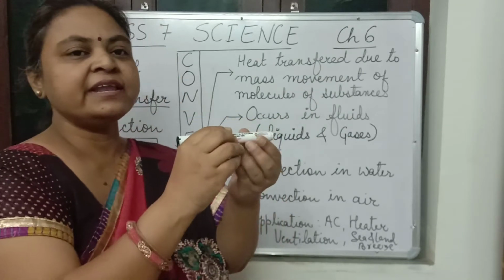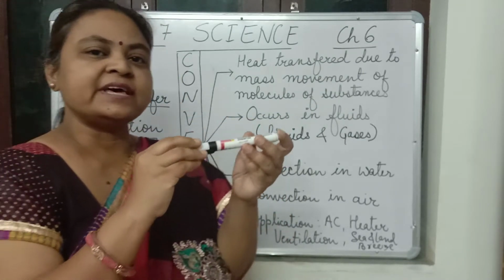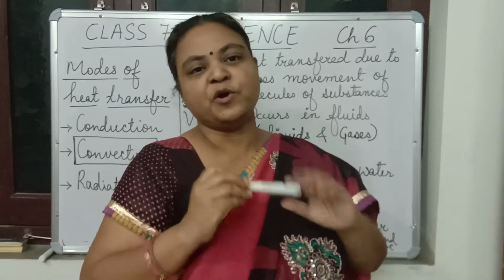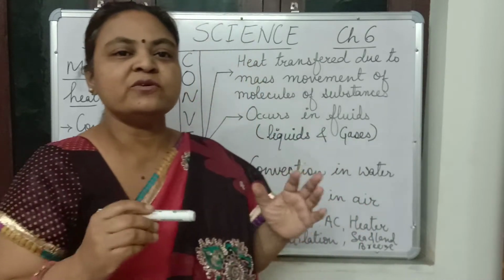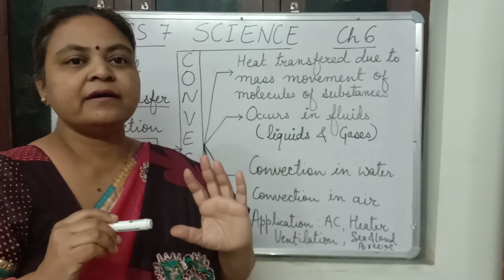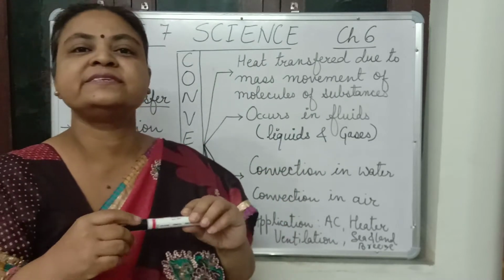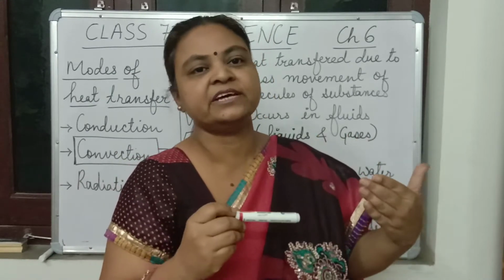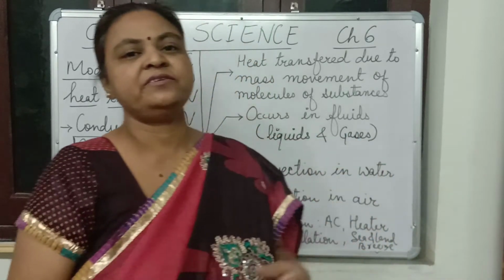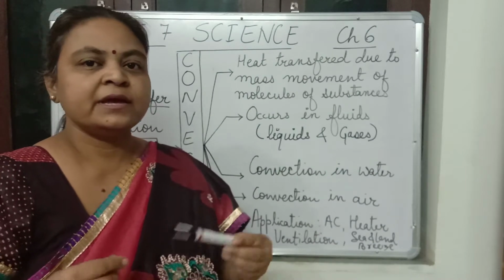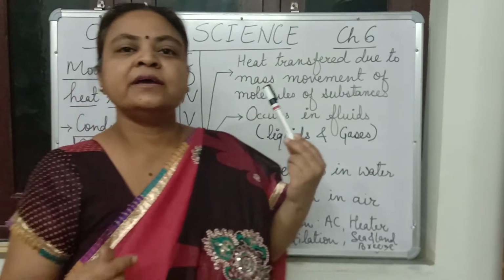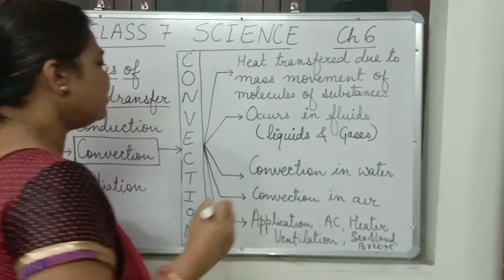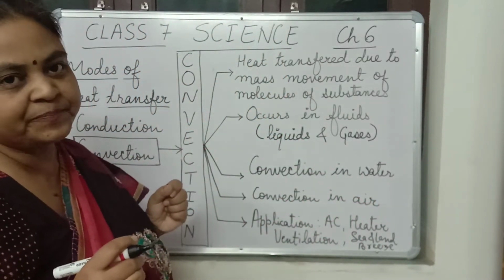So conduction can occur only when two objects are in contact with each other or within a body. So solids are the objects which transfer heat through conduction. Means in solids, conduction is the main mode of heat transfer. But for liquids and gases, the molecules are not close together, right?